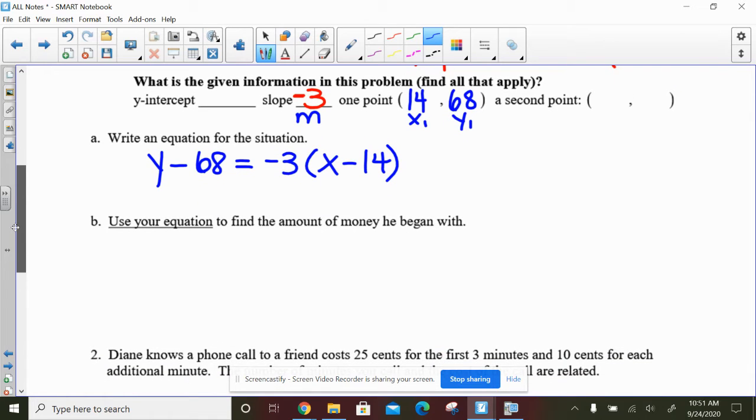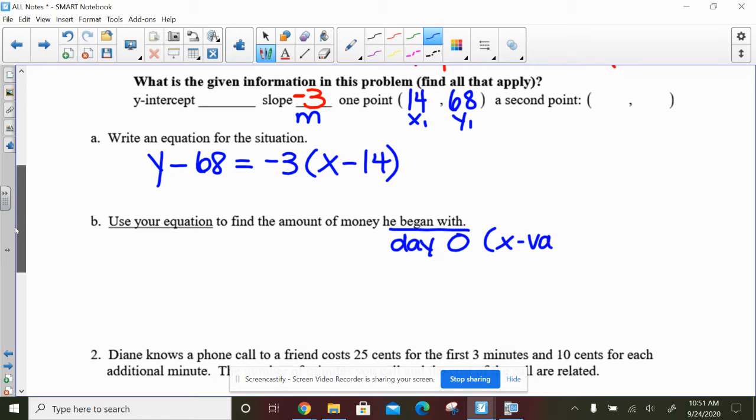Now it says use the equation that I just wrote to find the amount of money he began with. So I want to know how much money he had to start with. When we're talking about how much you began with, I'm talking about day 0. Your X value is what represents your days, so I'm going to plug in a 0.